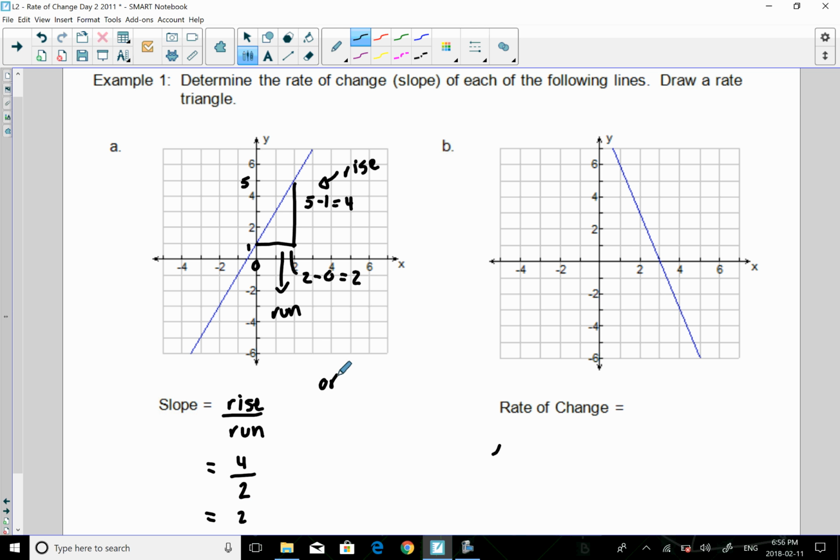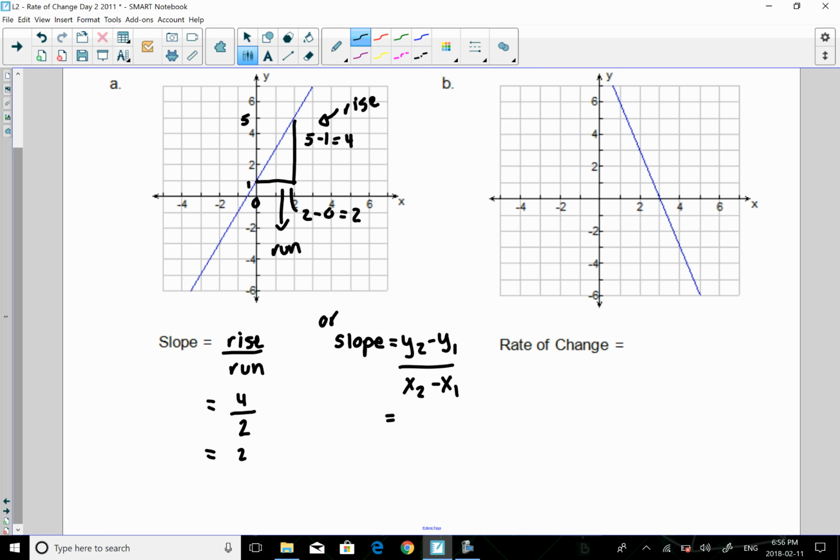Or I can use a different type of formula, which we mentioned earlier, which is y2 minus y1 over x2 minus x1. So I'm going to write down the 2 points that I've selected, which are 0 and 1, and 2 and 5.